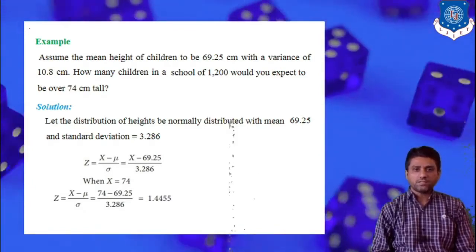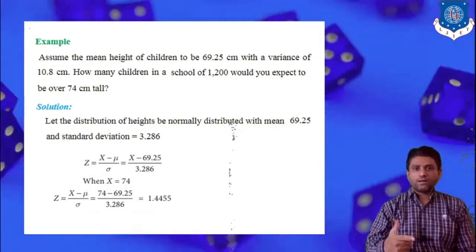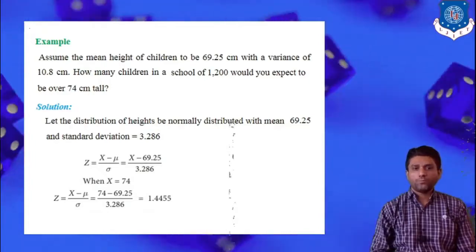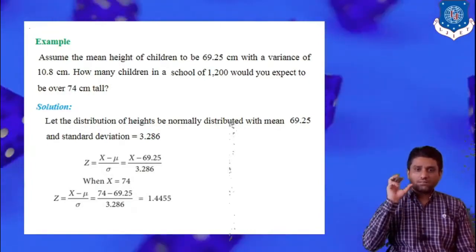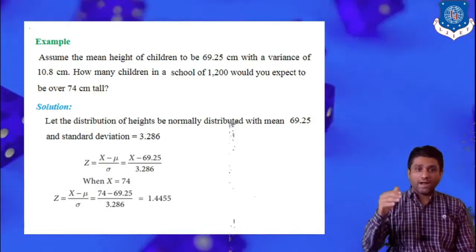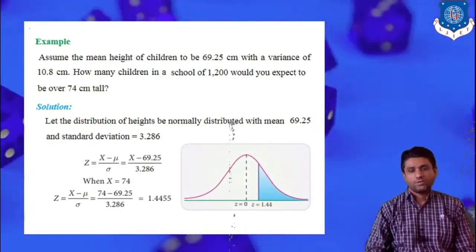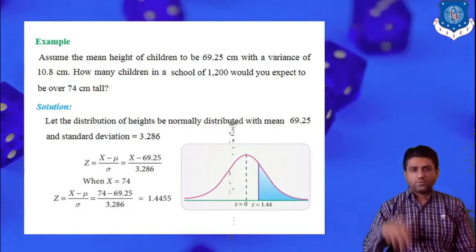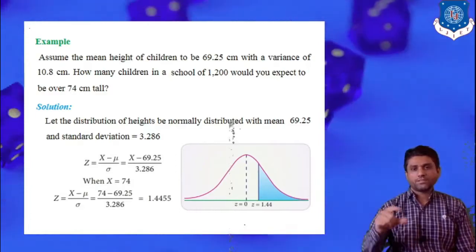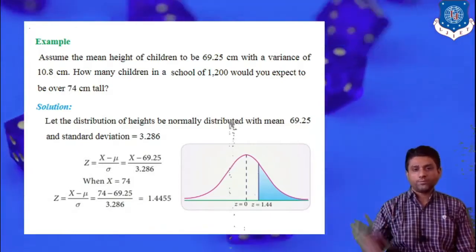Our interest is to find the probability of Z greater than 1.44, which is exactly equivalent to the probability of students whose height is greater than 74 centimeters. This is the graphical representation, and we are interested in the probability of this shaded region, that is the right-hand side of the line Z equal to 1.44.